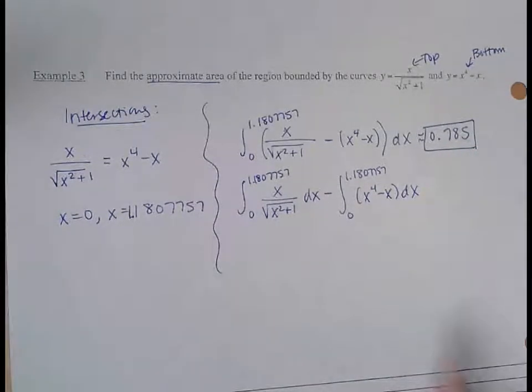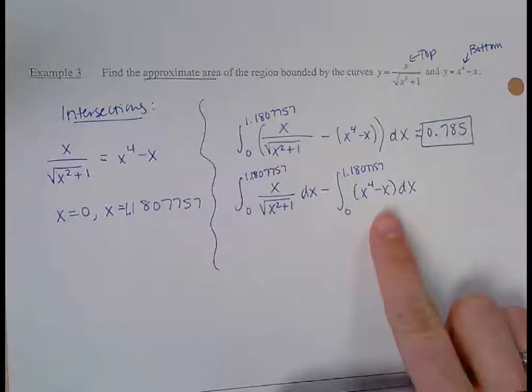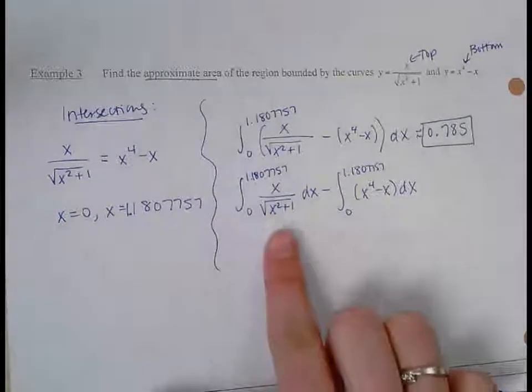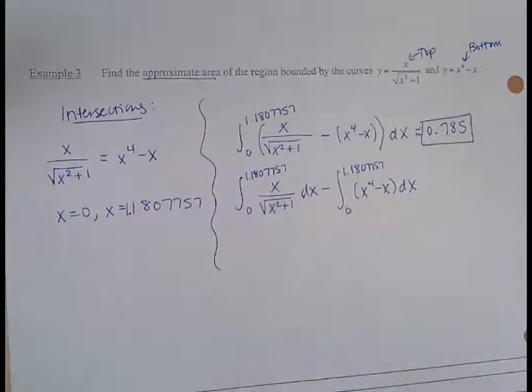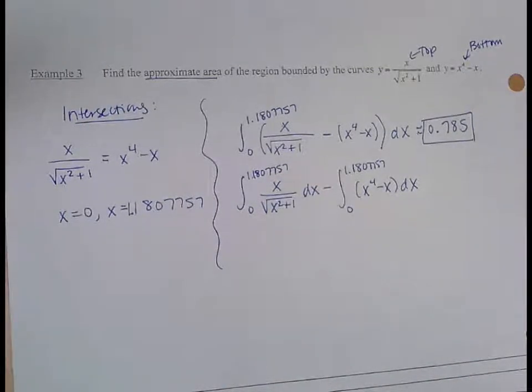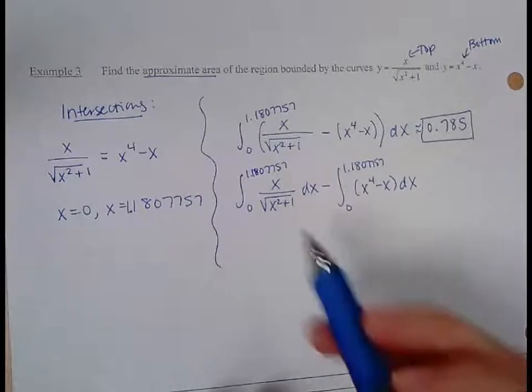And why I'm splitting it that way is x to the fourth minus x, I can just evaluate that integral, I can find an antiderivative. The very first term though, that first integral, I have to use substitution for. Because we don't just have an antiderivative for x over the square root of x squared plus 1. So that's just what I want to go through with you.